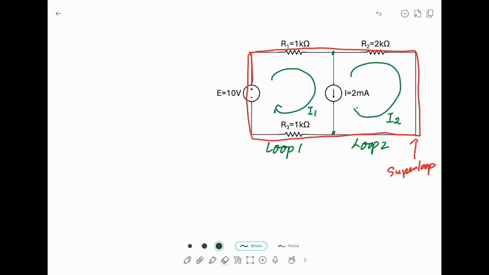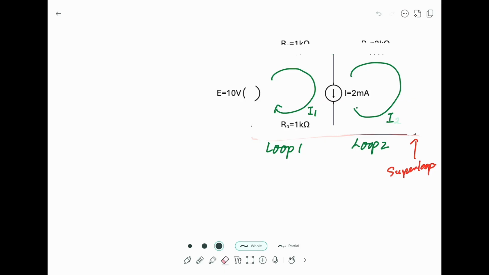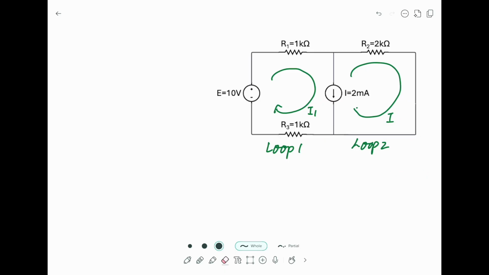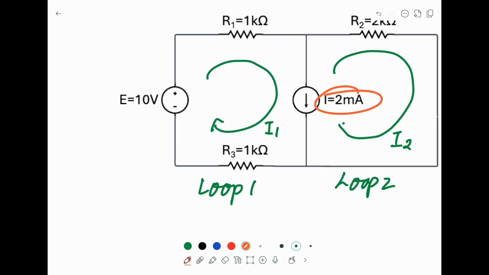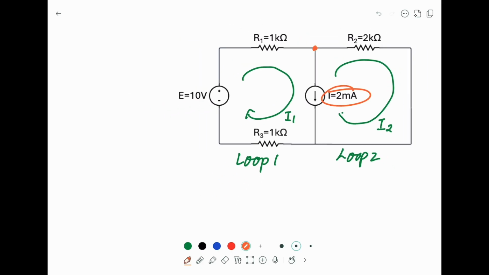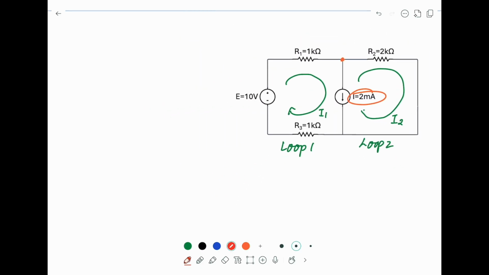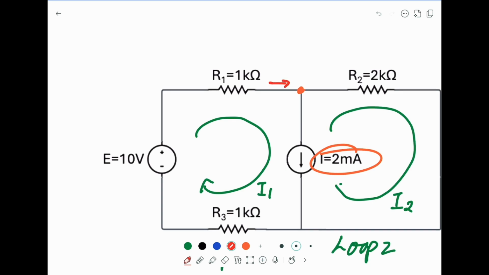Before we do this, we also need to establish the relationship between I1, I2, and our current source, which is 2 milliamp. So before we apply KVL, we should apply KCL at this point. Let's look at it again. This is I1, going into this loop.